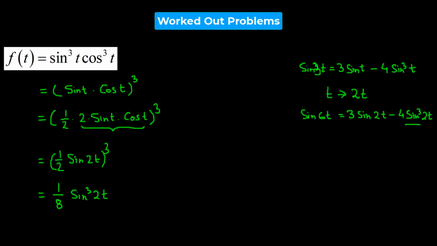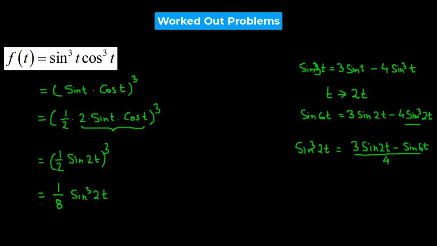Now we're going to write the identity in terms of sine cube of 2t, so sine cube of 2t will be equal to (3 sine 2t minus sine 6t) divided by 4. So instead of sine cube of 2t, we replace it with this particular identity.